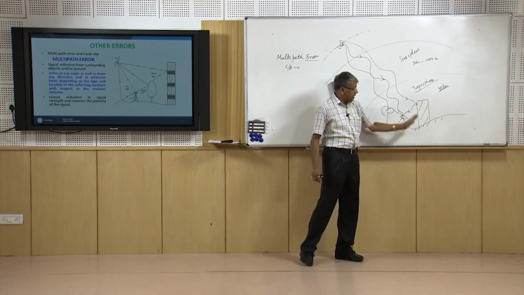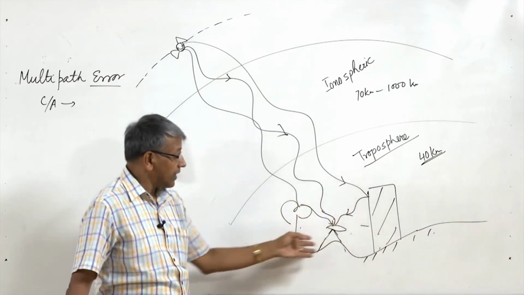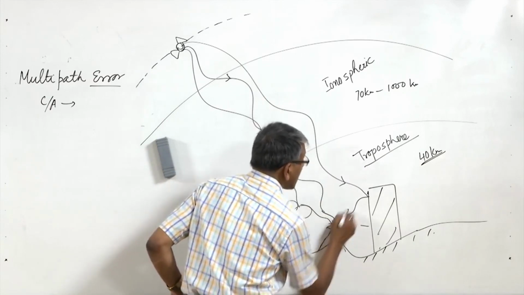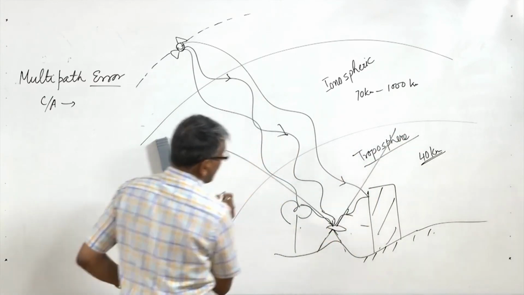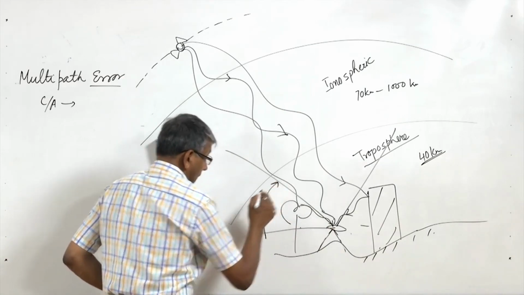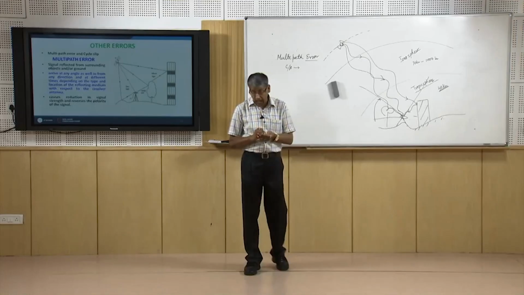so that our receiver is not placed in a crowded area. If there is an obstruction, then we should take the cutoff angle beyond that. That means the cutoff angle should be taken higher, maybe 25 degrees, sometimes maybe 30 degrees.